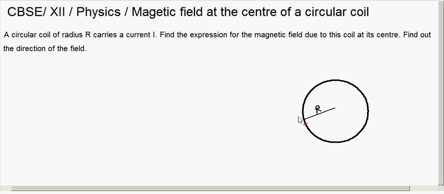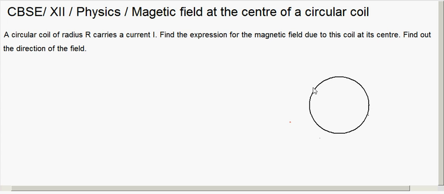We will assume a clockwise direction of the current I, and the radius of the circle is given as r.